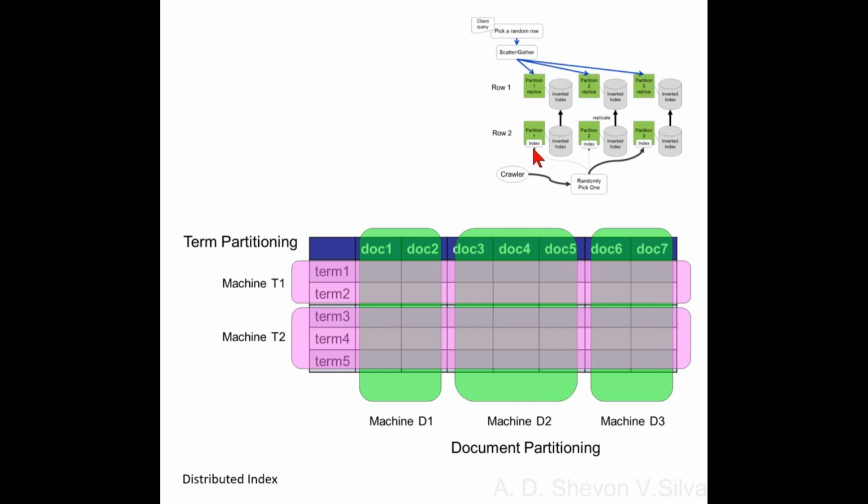Here you can see the crawler randomly picking one, and here you can see the indices and the inverted index. This inverted index is connected to this one, and this inverted index is connected to this one of row 1, and here in partition 3, the inverted index is connected to this one.